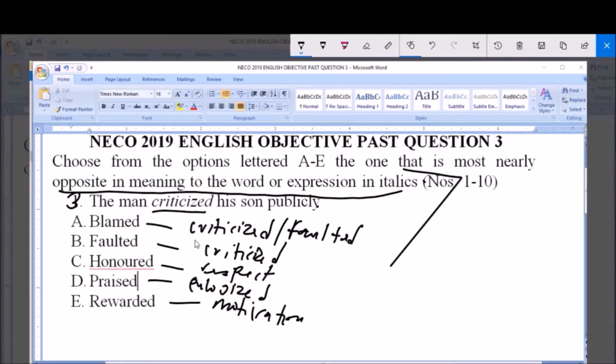So you can say the man eulogized his son publicly. So praised is the word that is nearly opposite to the word in italics. And of course, praise is the correct option.